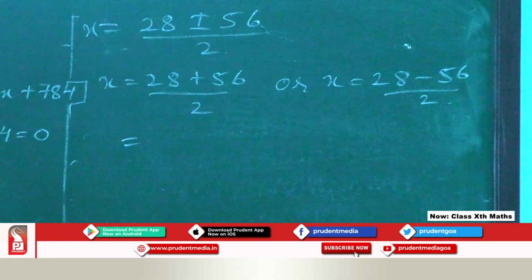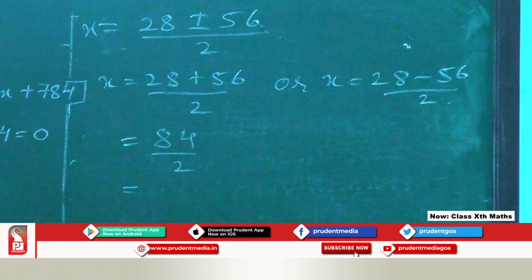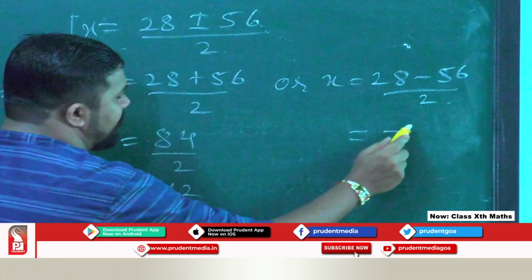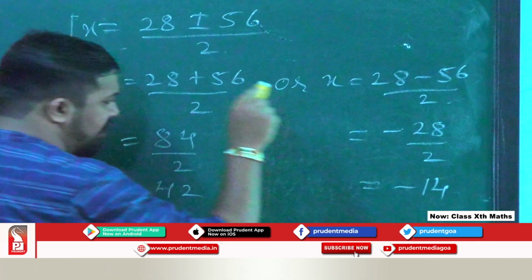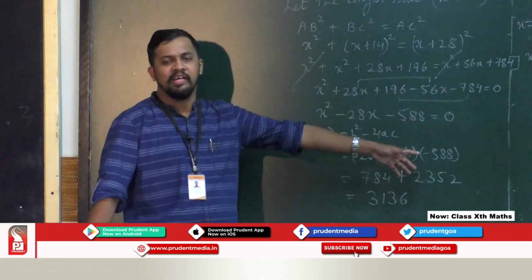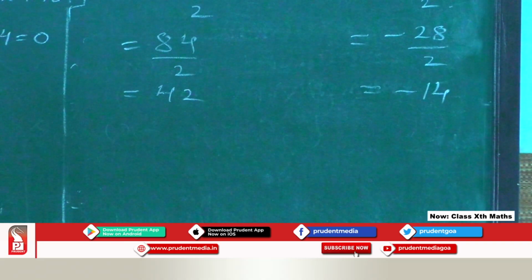If you add 28 plus 56, you get 84 by 2. Divide: 2 fours are 8, 2 twos are 4, so 42. The other one gives minus 28 by 2, minus 14. So one we got 42, one we got minus 14. Now you know which one to discard. Negative 14 you have to discard because a side cannot be negative.